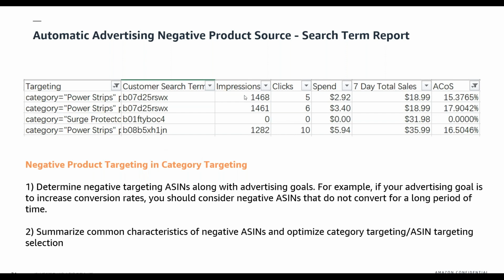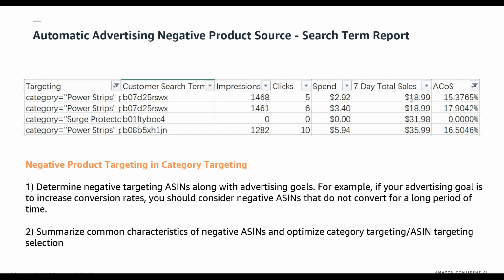Like what is giving us very high impressions, very high clicks, but no orders, or certain kinds of keywords or ASIN targets that have super high ACOS, right? And we want to take a look at what are the sales that we're getting. So you'll see that, for example, we're getting a good amount of sales from the last specific ASIN, so maybe we could still keep it.